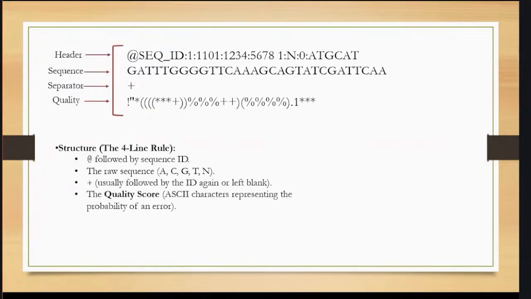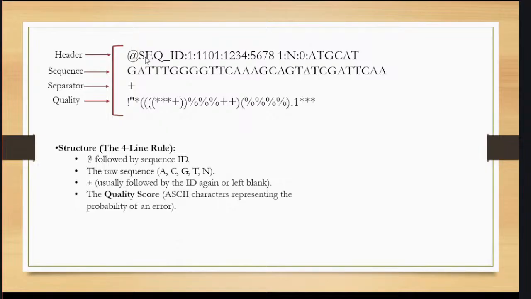Next, the format of the FASTQ. Now just understand the FASTQ format properly. Here you can see there is a header which starts with the @ sign. Then there is a sequence, then there is a separator, and there is a quality score for each and every nucleotide, right?